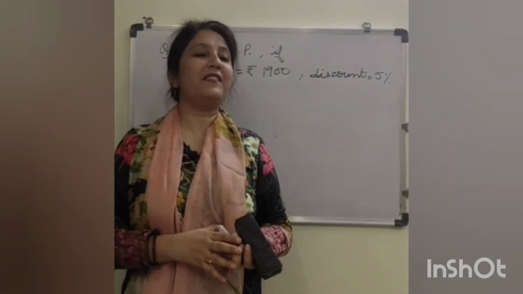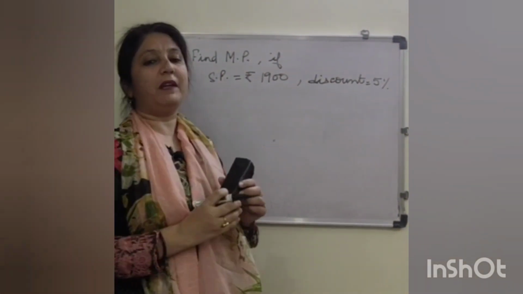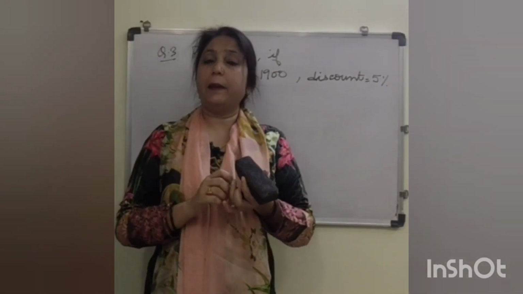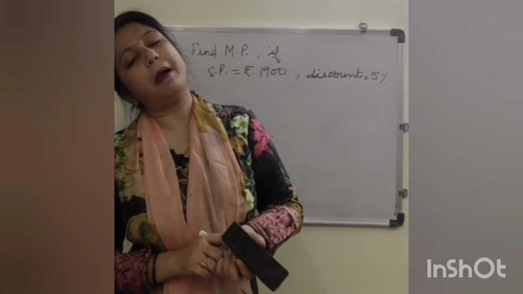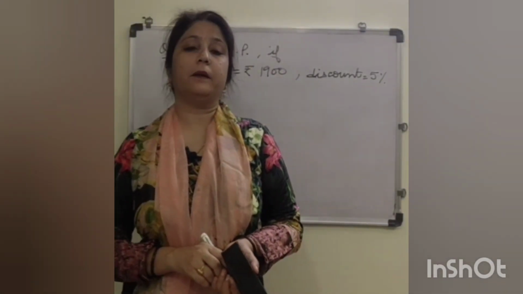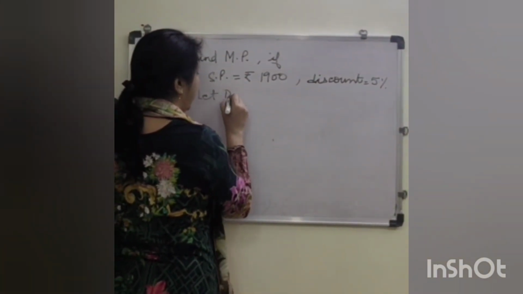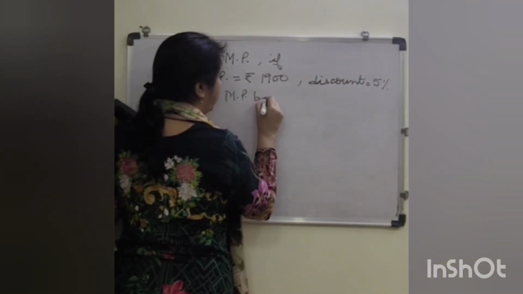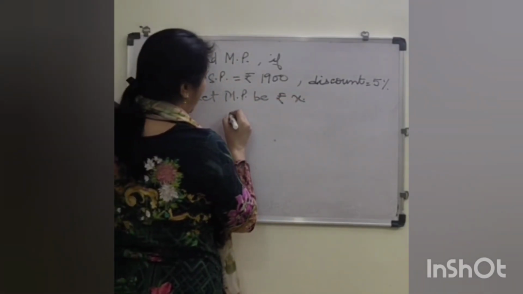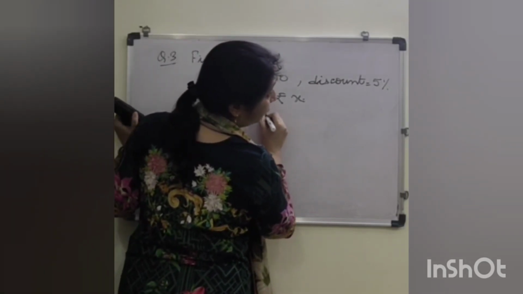Now next question in the same: find the MP if SP is rupees 1900 and discount is 5%. Children, MP is not given to you. Again my advice is same, that you go step by step. So let MP be rupees X. So discount is your how much? 5%.